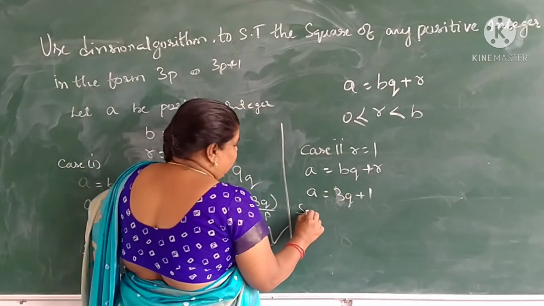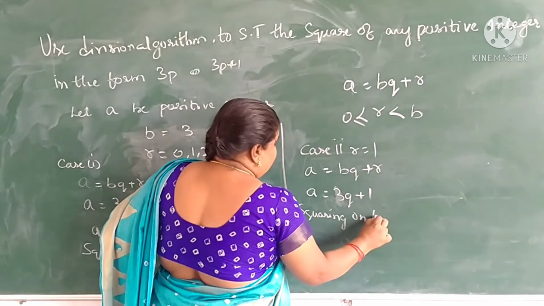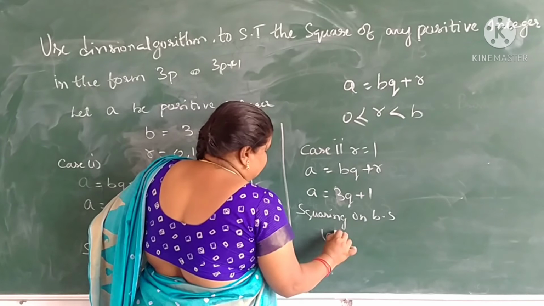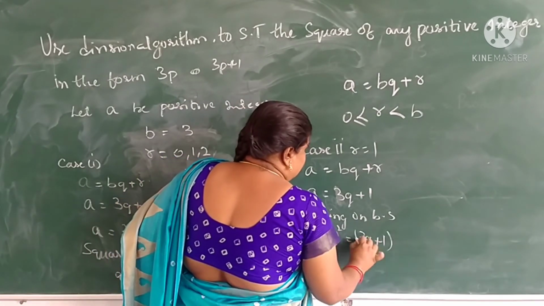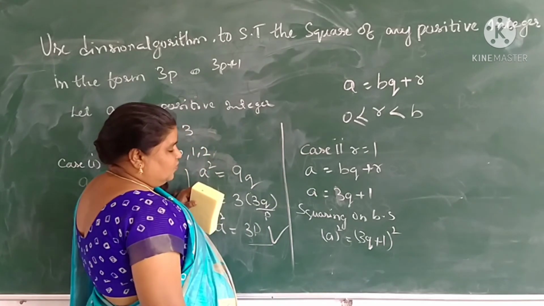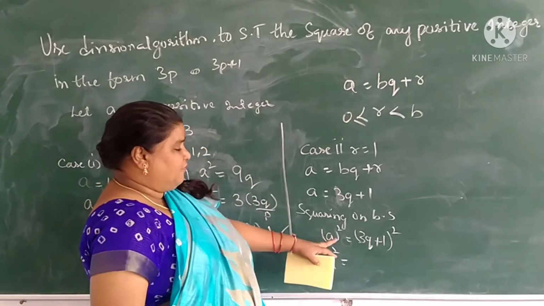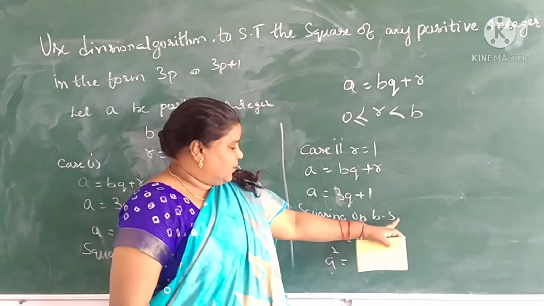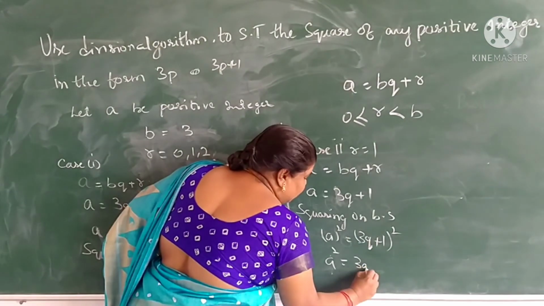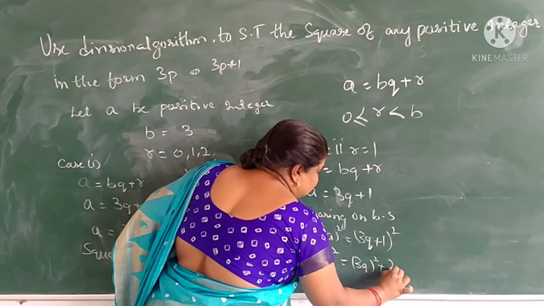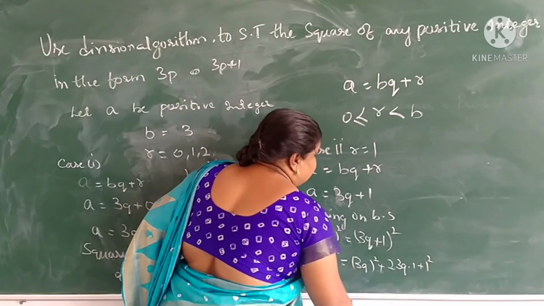So now squaring on both sides, a square is equal to 3q plus 1 whole square. When it is in the form of a plus b whole square, we will write here a square: 3q whole square plus 2 into 3q into 1 plus 1 whole square.